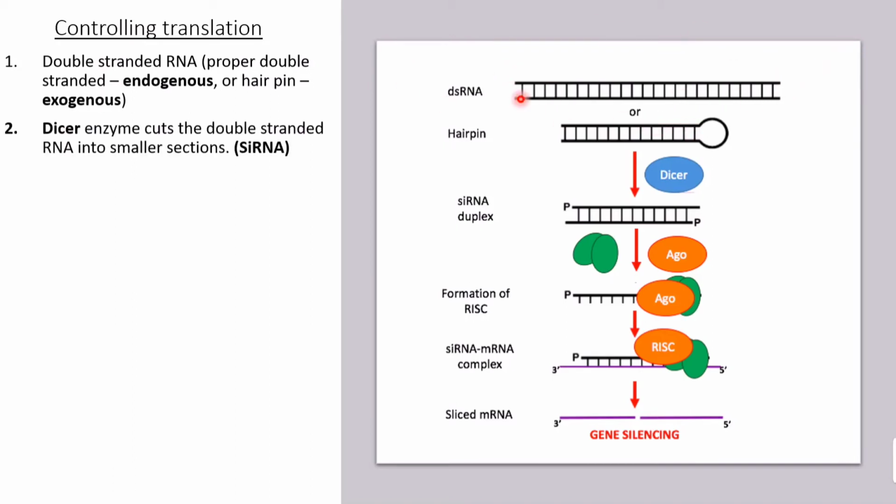So our dicer enzyme now cuts the double-stranded RNA into smaller sections. And these smaller sections are called siRNA.